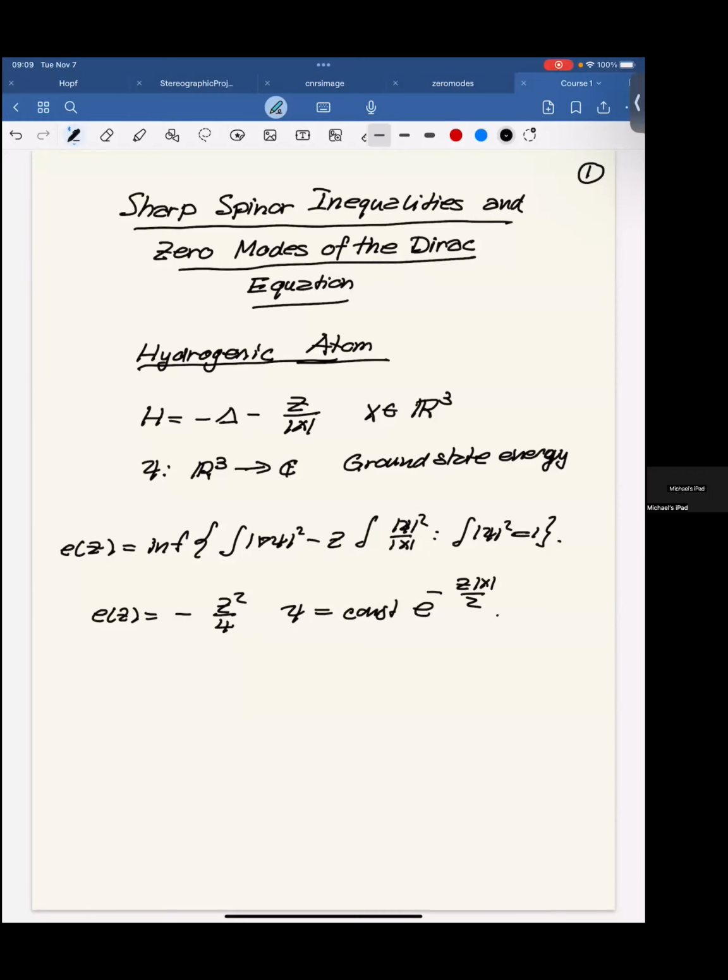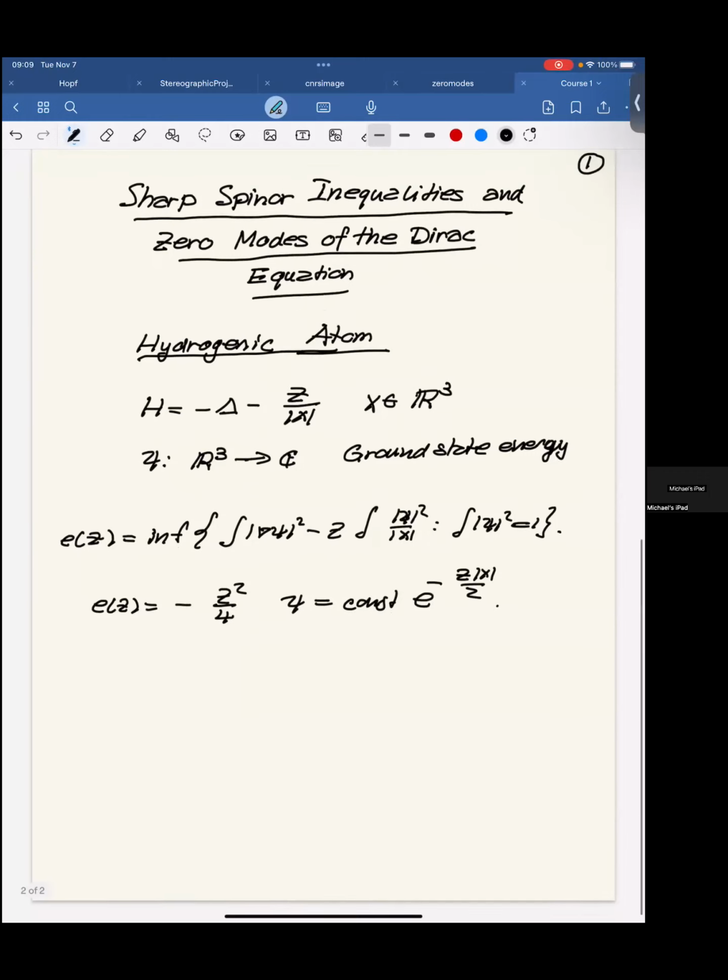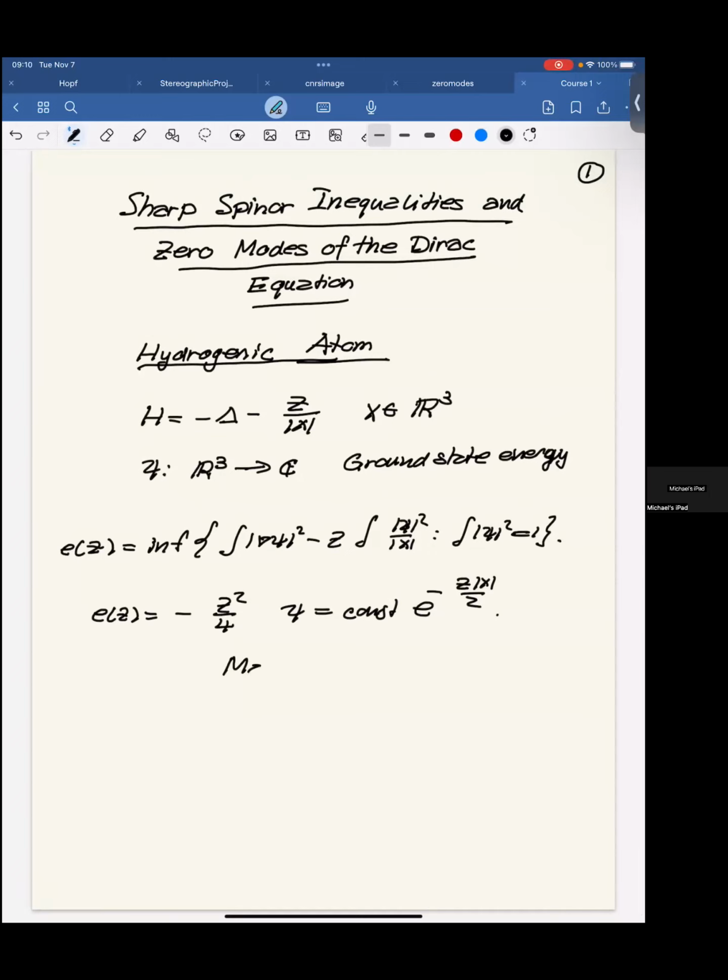Now, what happens when you turn on a magnetic field? Well, remember a magnetic field is a map, if you like, from R3 to R3, mathematically speaking. But the crucial point is, of course, that its divergence vanishes.